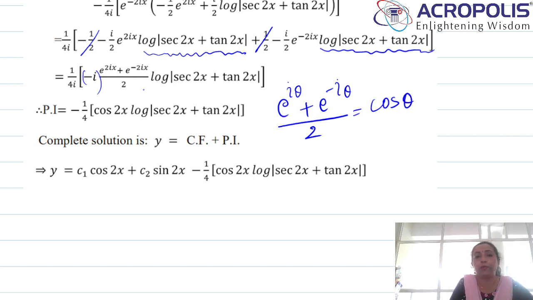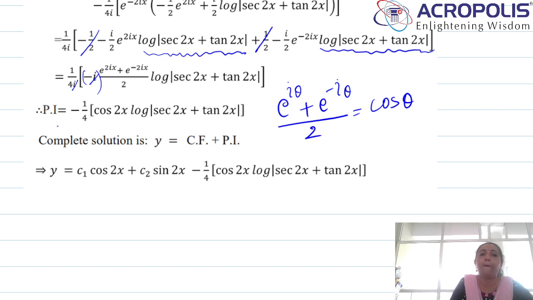So, we can replace theta by 2x here. So e to the power 2ix plus e to the power minus 2ix by 2 can be written as cos 2x. So we will have here cos 2x log of sec 2x plus tan 2x. We will cancel i by minus i. So we will have minus 1 by 4 cos of 2x log of sec 2x plus tan 2x.